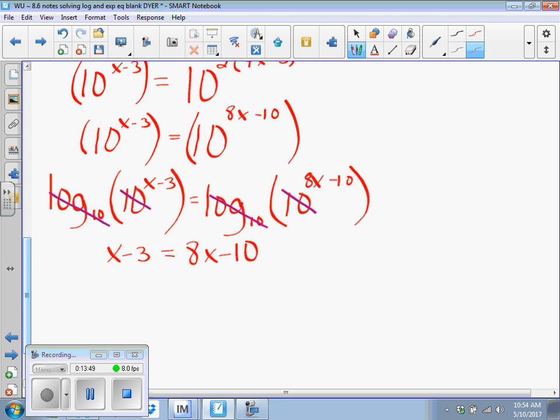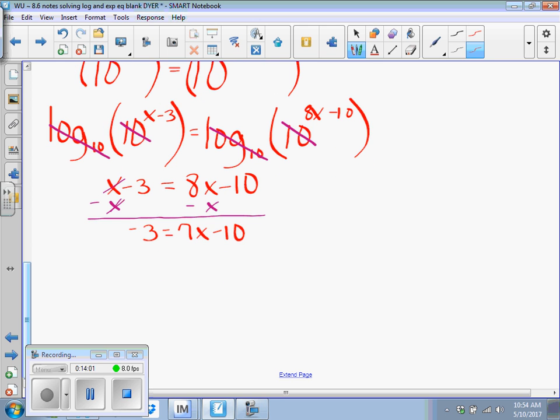Okay? So when we solve that, I would subtract x from both sides. So then I have negative 3 equals 7x minus 10. Add 10 to both sides. Seven x equals 7.